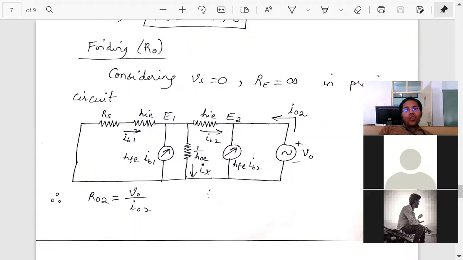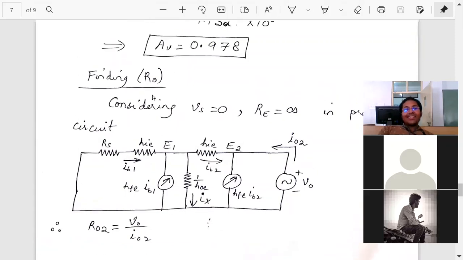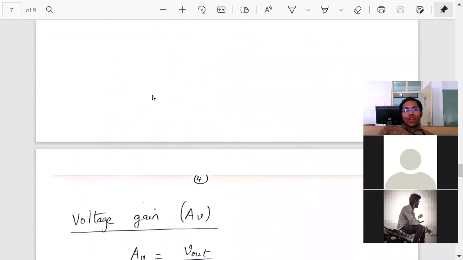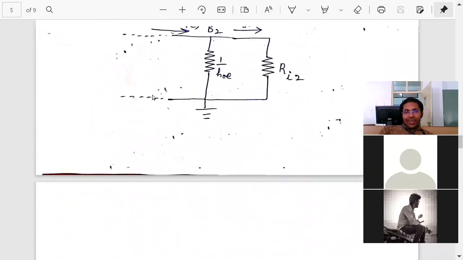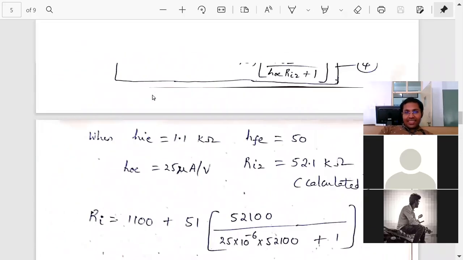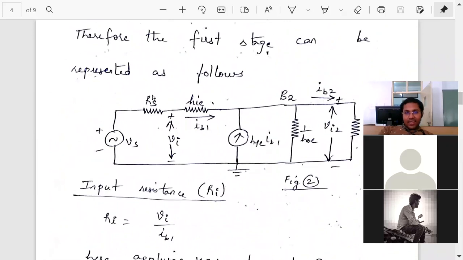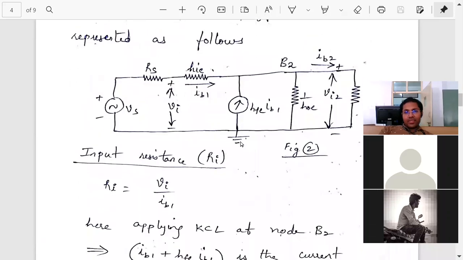Okay, how did we write this? Similar logic for first stage, second stage. This is the first stage: 1, 2, 3, current pointing upwards.